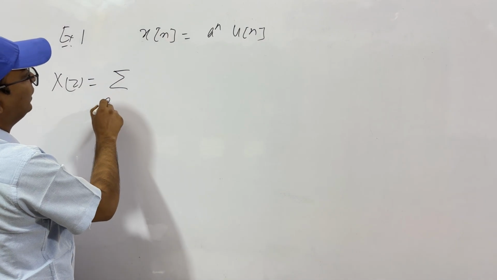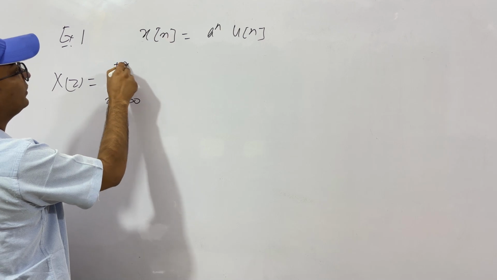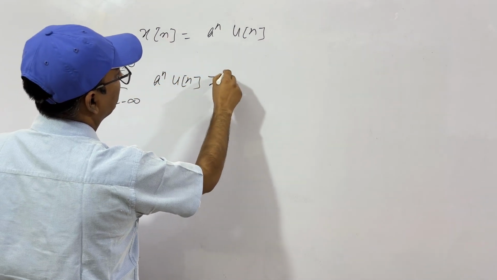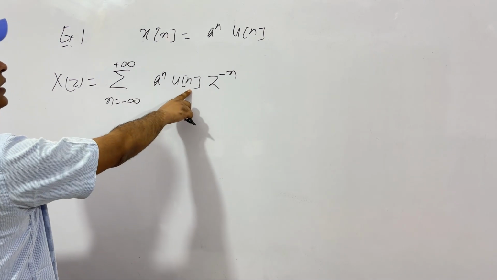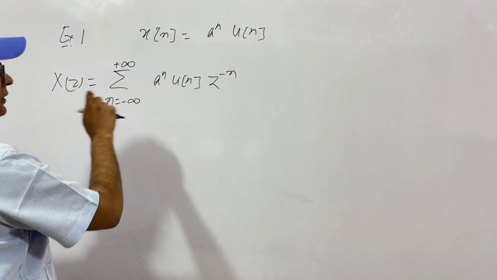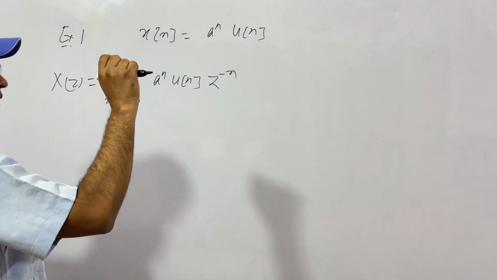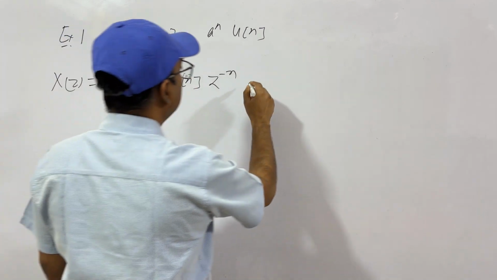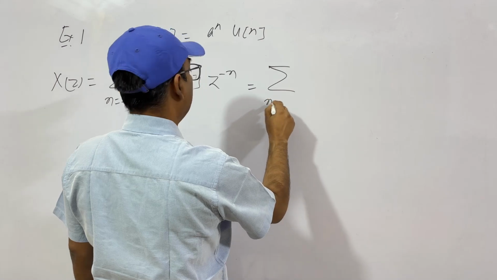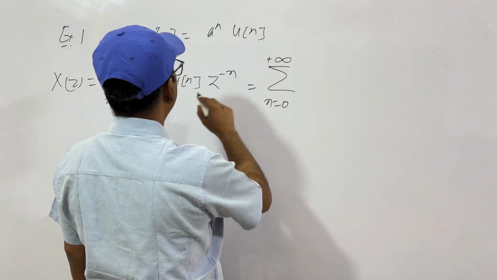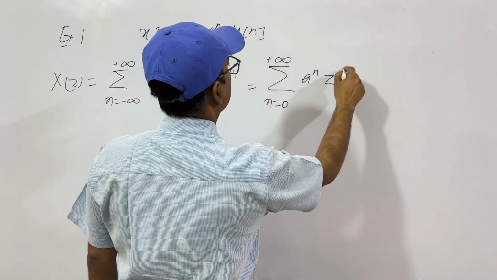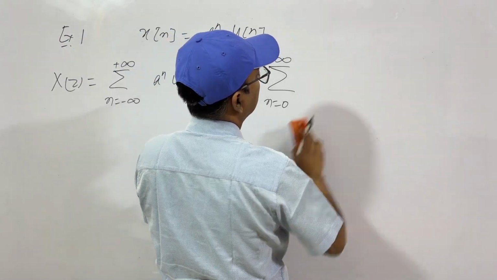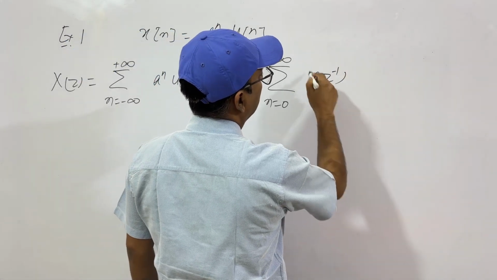It will be the sum from n equal to minus infinity to plus infinity of a to the power n u[n] z to the power minus n. What is the meaning of u[n]? u[n] is the step function, that is, it is defined for n greater than or equal to 0 only. Below this, that is n less than 0, it is 0. So this reduces to the sum from n equal to 0 to infinity of a^n z^(-n), or you can write it like this: (a z^(-1))^n.